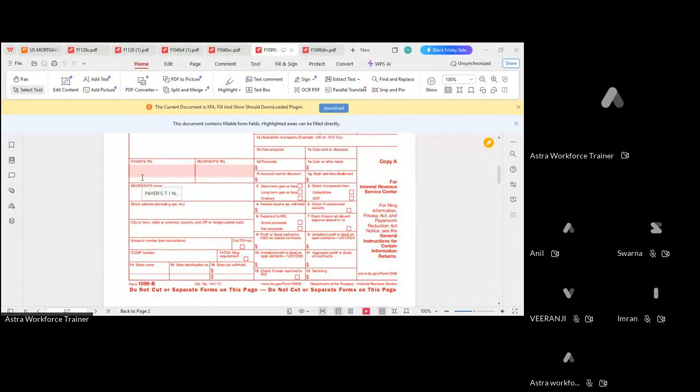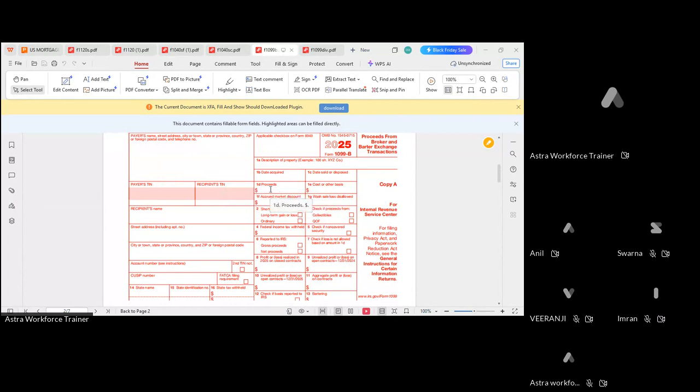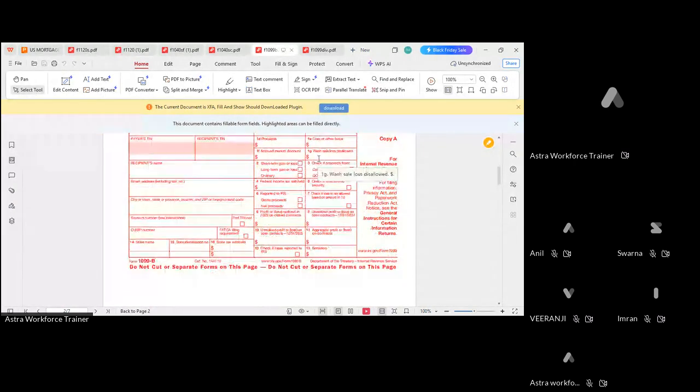Here you will get the proceeds from the sales, the accrued market discount, and the federal tax details. All this information will be available, but the proceeds will take one day. If anyone asks, you can just tell me that the proceeds will come in one day. That will be important.